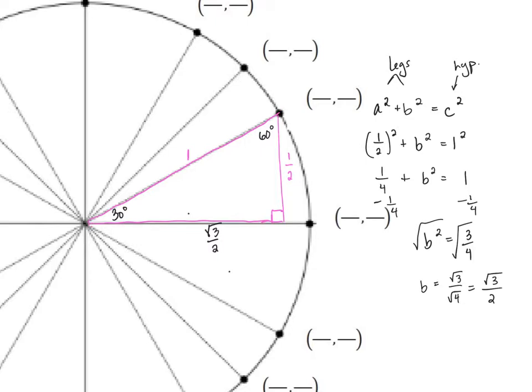And so, because this is 0, 0, and this is 1, 0 over here, we're living in that part of the graph. To start at 0, 0, I go over square root of 3 over 2, and I go up 1/2.